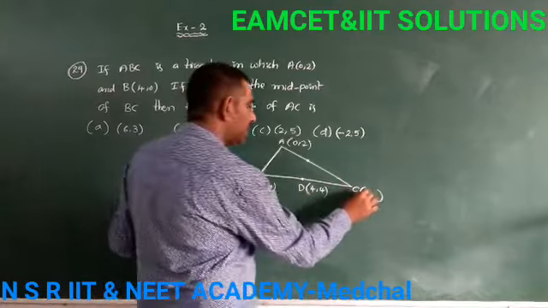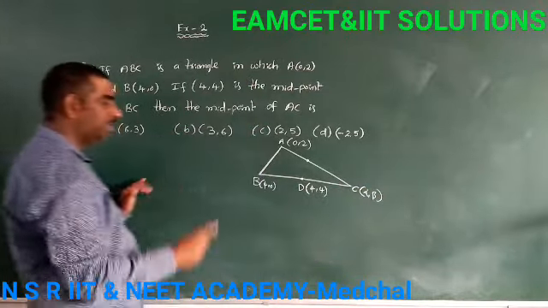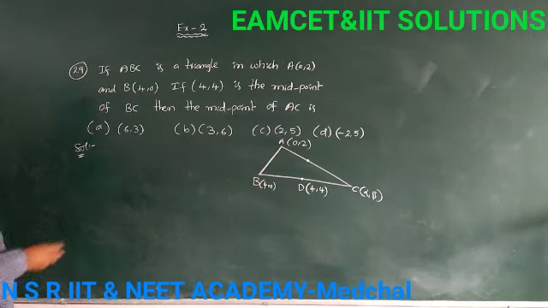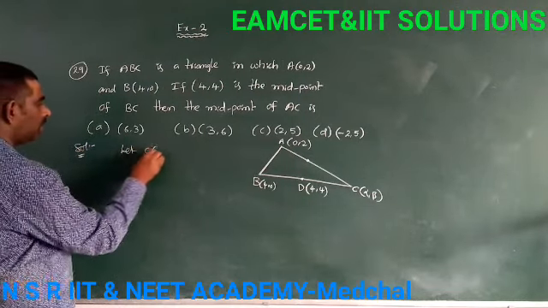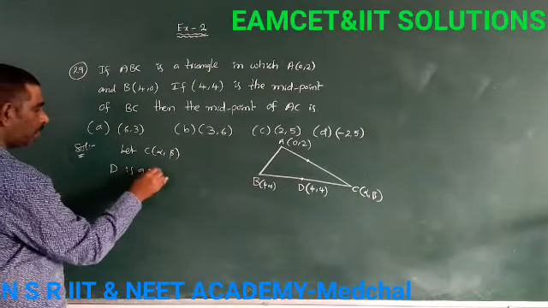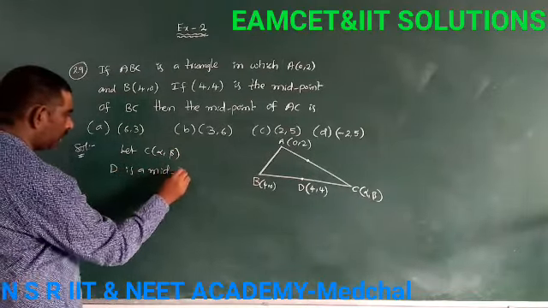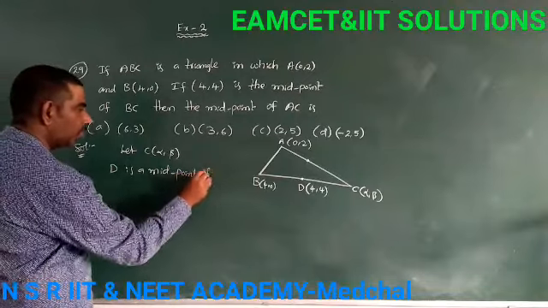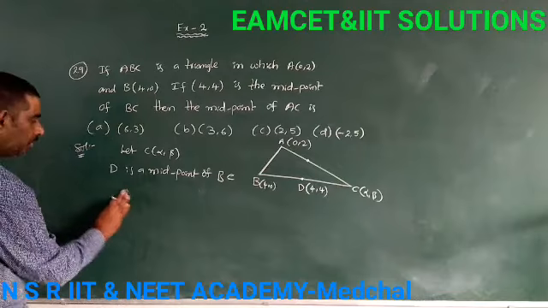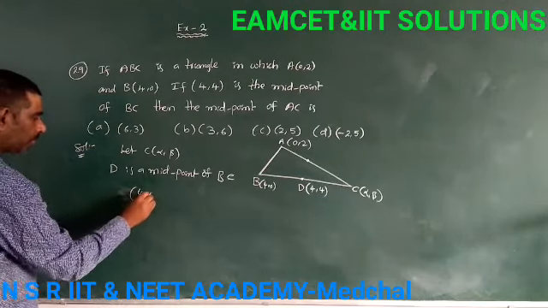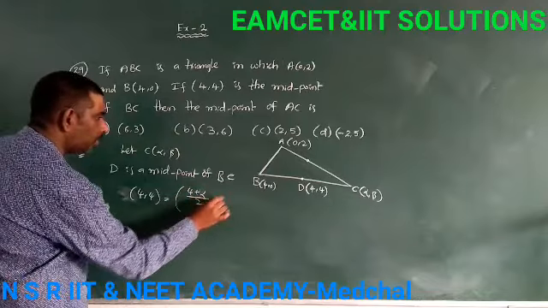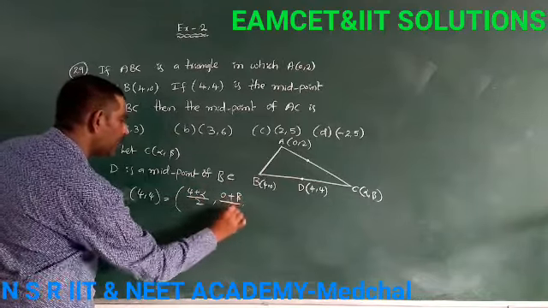So let C be (alpha, beta), and D is the midpoint of BC. So D equal to (4, 4) is equal to ((4 plus alpha) by 2, (0 plus beta) by 2).